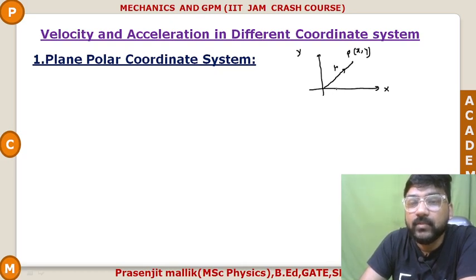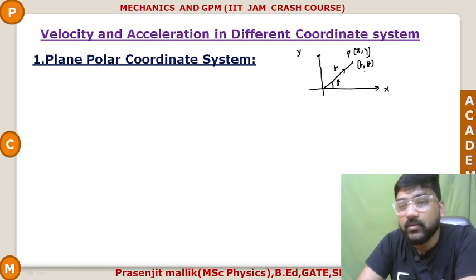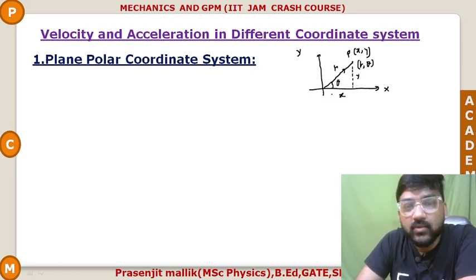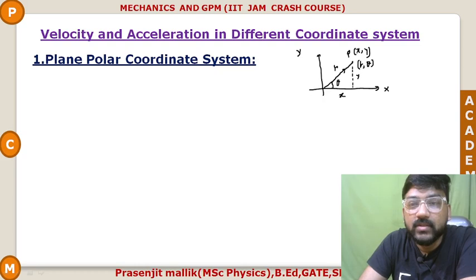If theta is the angle between this r and the initial line, the x axis, then this point can also be written as r comma theta in the polar coordinate system.